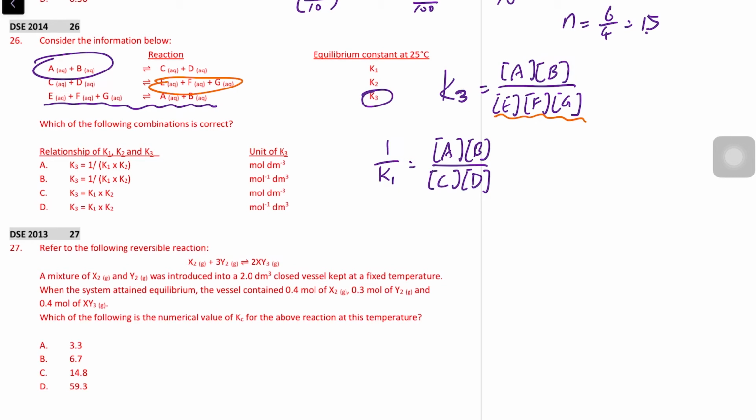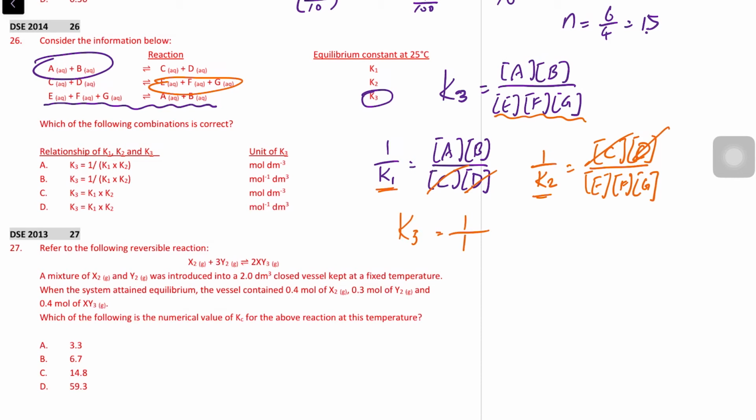So what should we do? Again, we should take the reciprocal of K2, that is CD over E, F and G. So 1 over K1 times 1 over K2, we can eliminate the CD and get what we want. So K3 is actually the product of 1 over K1 and 1 over K2.